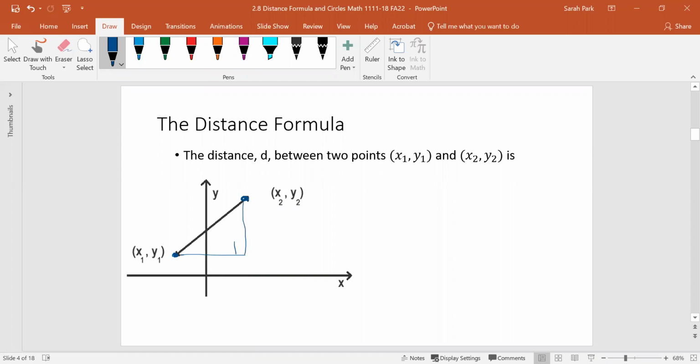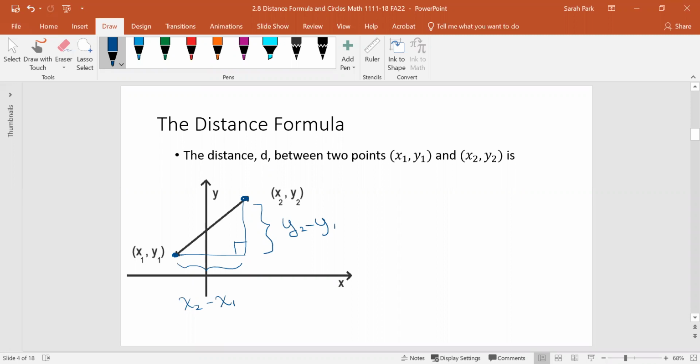And here's a right angle. The length of this bottom side is the difference between your second x value and your first x value. Here, the length of this part of the triangle is y2 minus y1.